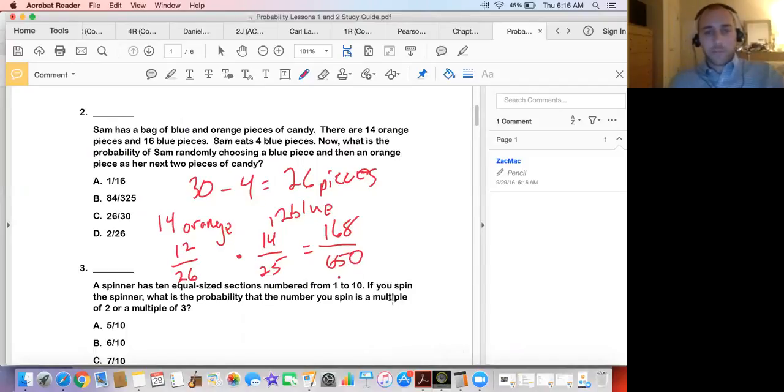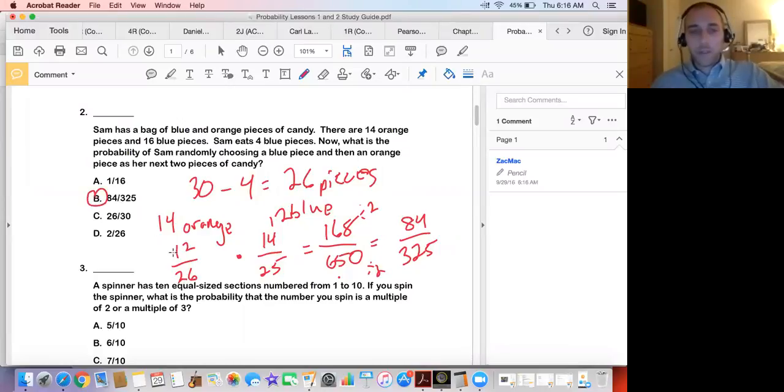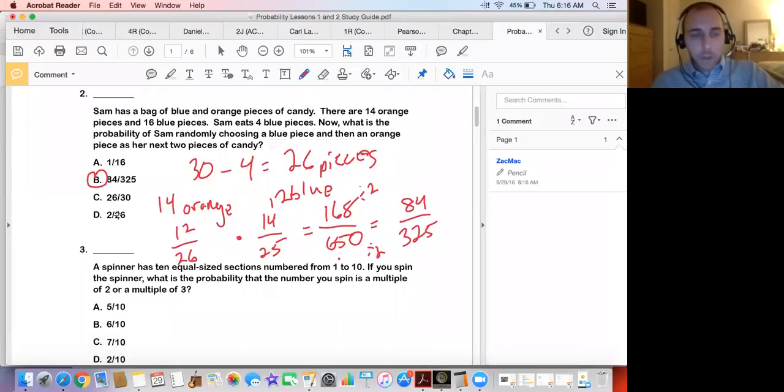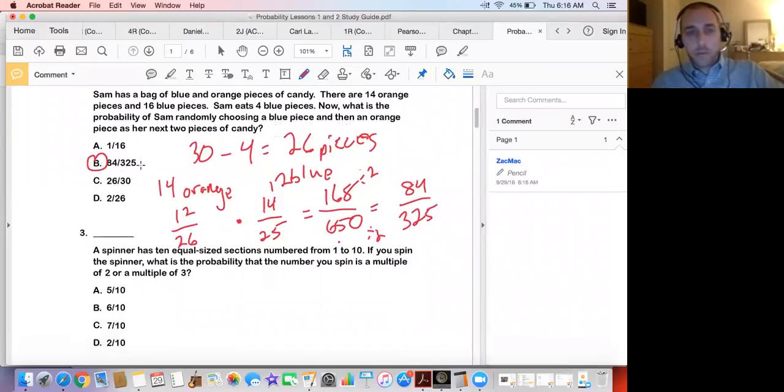Just like that. And as you can see with the answer choices, you can reduce that to 84 out of 325 by dividing both of these by 2. Simplifying these fractions is a lot easier once you have choices to pull from. You can see where you think this fraction you start with is going to go.